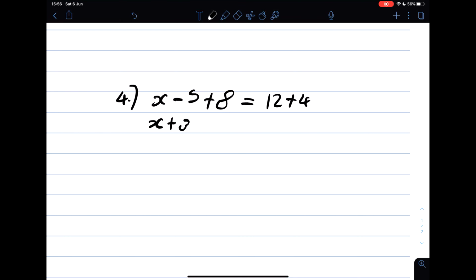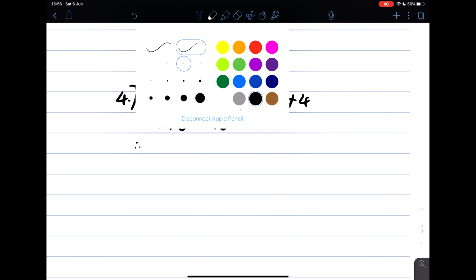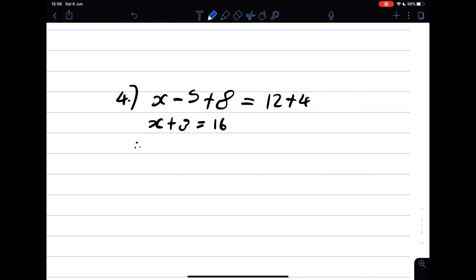So you have x plus 3 equals 12 plus 4. 12 plus 4 is 16. And now all you need to do is remove the 3, so it's minus 3. And then you also remove 3 here, leaving you with x equals 16 minus 3, it's 13.